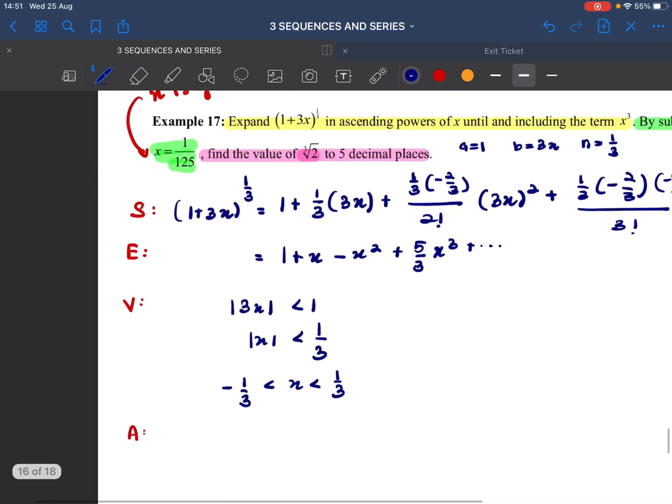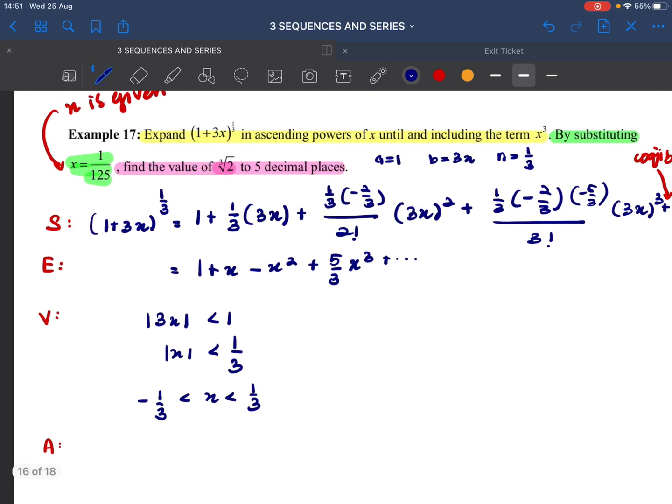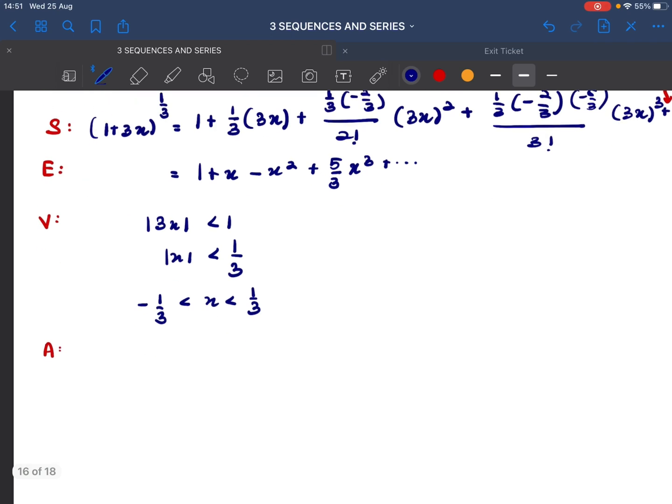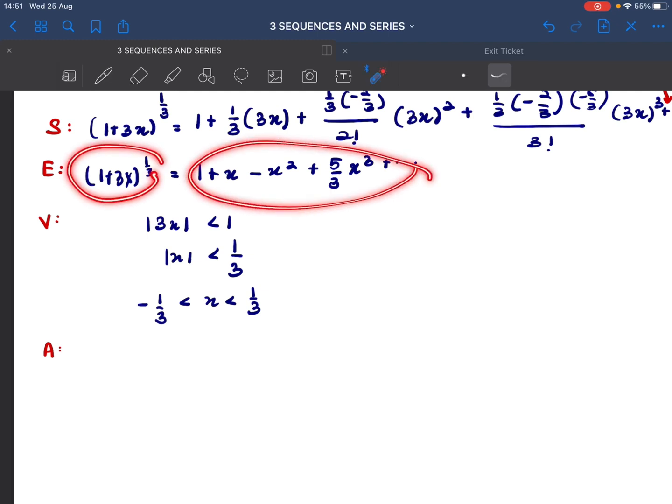So let's see. We know that the x given is 1 over 125, and here is our expansion, 1 plus 3x to the power of 1 over 3. We are going to substitute x into the left hand side here and the right hand side here.